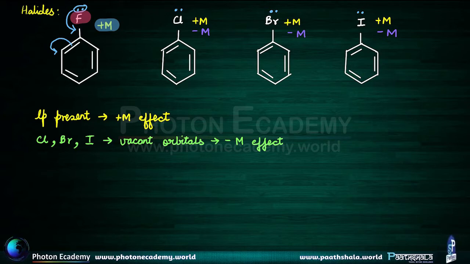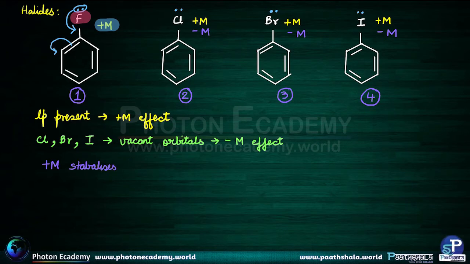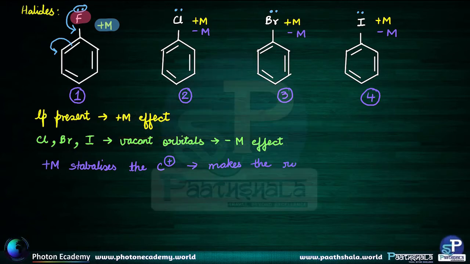Let us name them 1, 2, 3 and 4 for a better understanding. In the first case, we have plus M. Plus M stabilizes the carbocation and makes the ring electron rich.